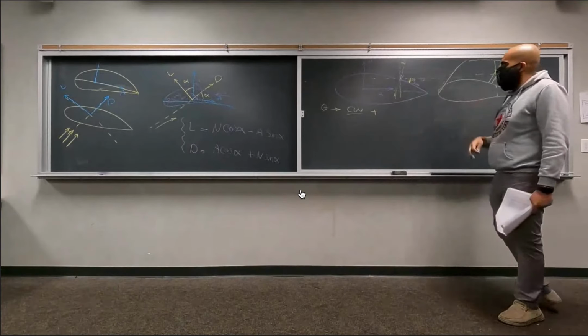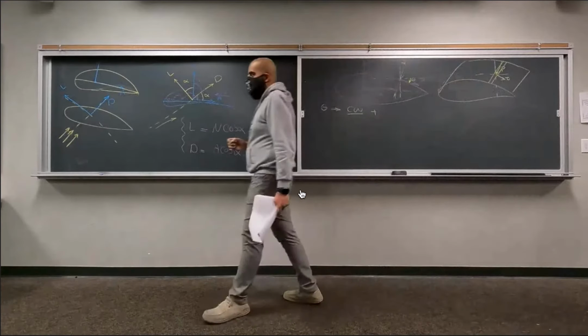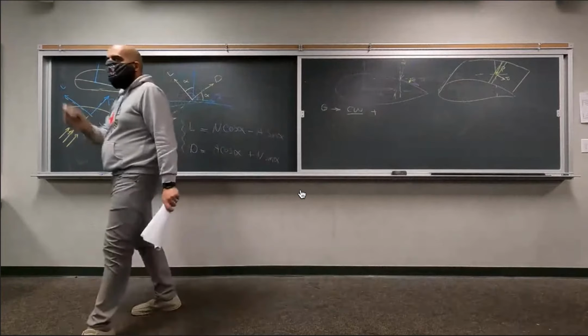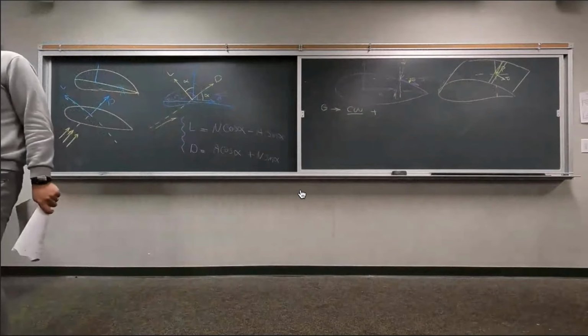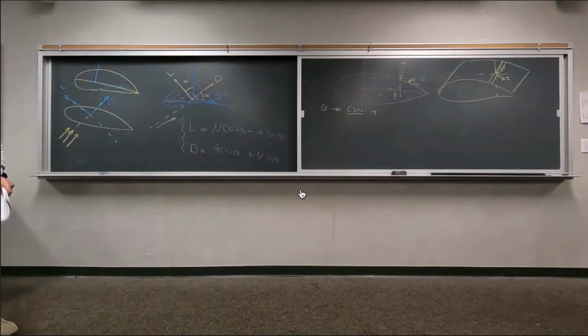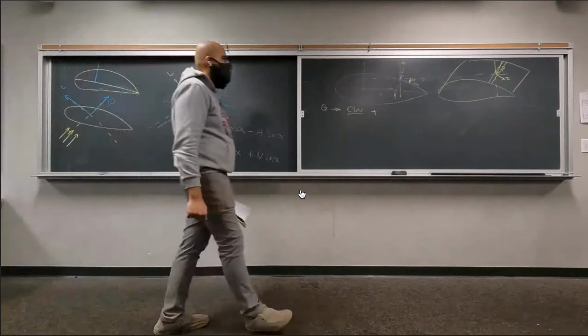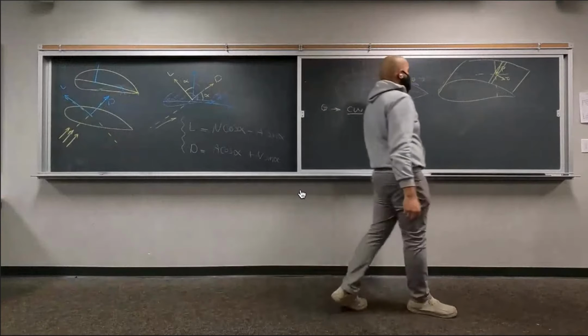Again, since P and tau are a function of your location here, the first thing you want to do is to find this small element of force, or the derivative of the force, right, dN or dA, and then you want to integrate it over the whole airfoil. Okay, let's do that.